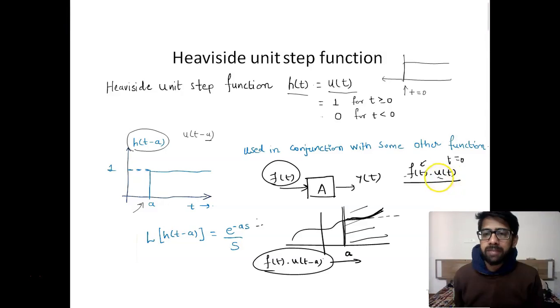So if you multiply by 1, the function wouldn't change, but you will have to multiply by 0 for time t less than 0. So f of t will not exist for t less than 0. It will exist for t greater than 0. Alright. So this is how a Heaviside function is used in conjunction with the function.